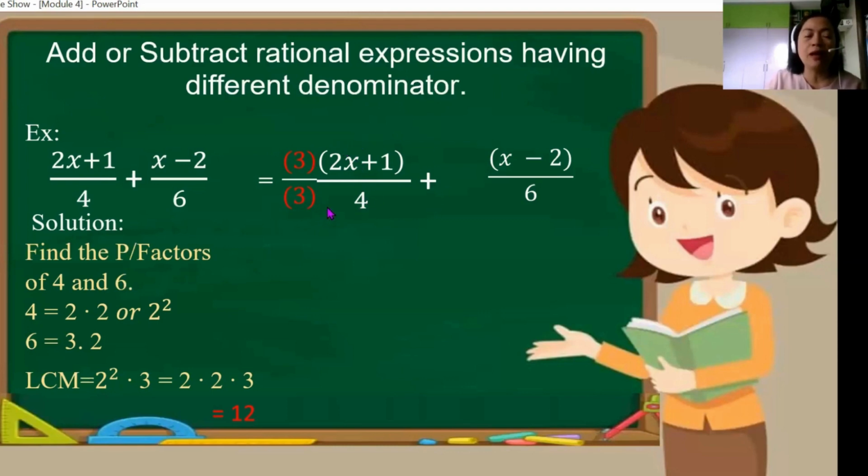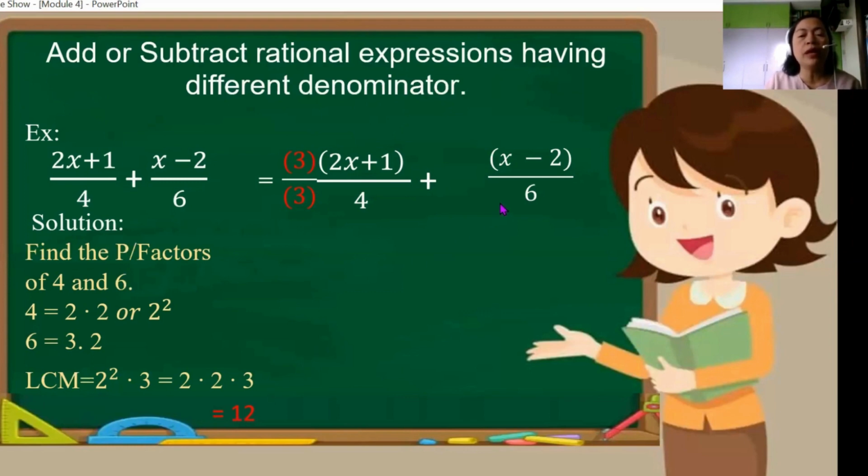So, walang nag-iba. Parang na rewrite lang natin sa ibang form. Okay? Hindi reduced form. Ito yung reduced form. Ito ay na-multiply sa 3. Ito naman ay na-multiply sa 3 para balance. Okay? Ganun din dito. I-multiply din natin sa yung 6 ng number para maging 12.